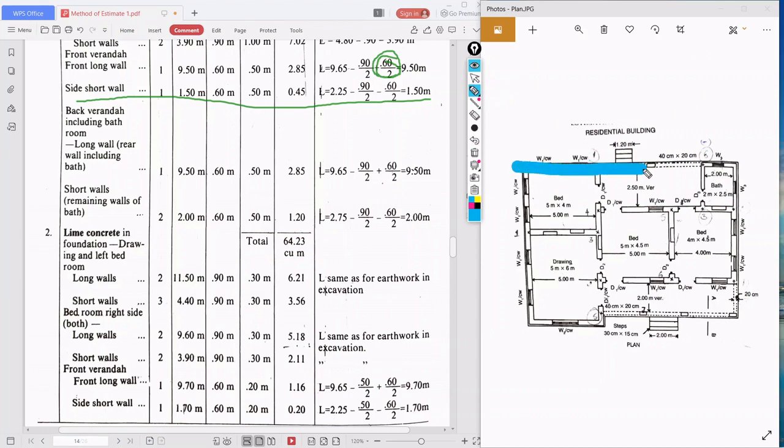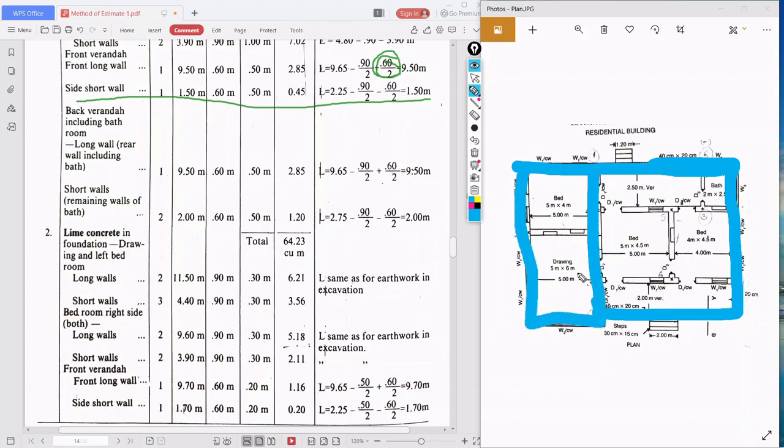All the green and bluish areas are excavated. Excavation is done like this. Everywhere they will not dig out the soil simply; wherever needed, only there they will dig out. So now the excavation part is over.